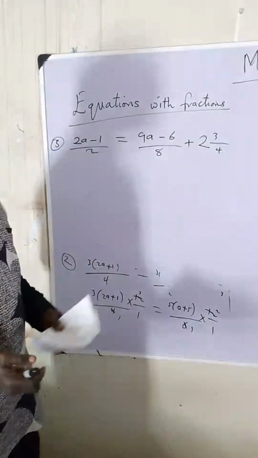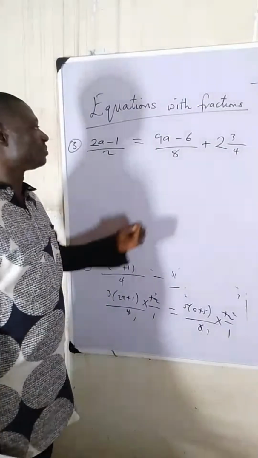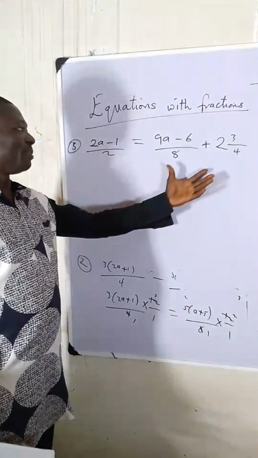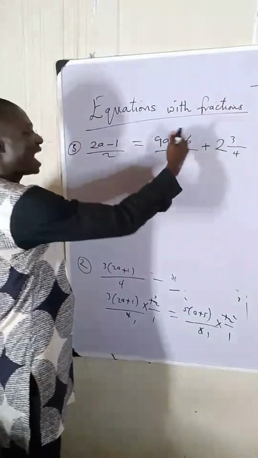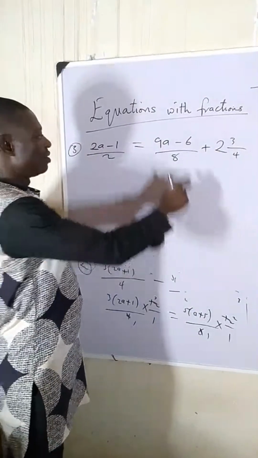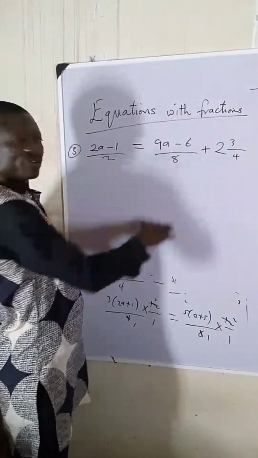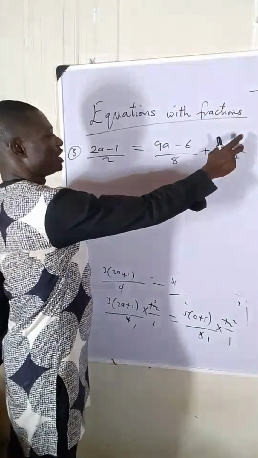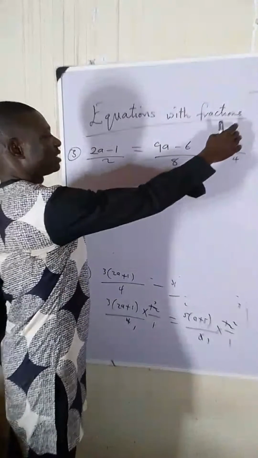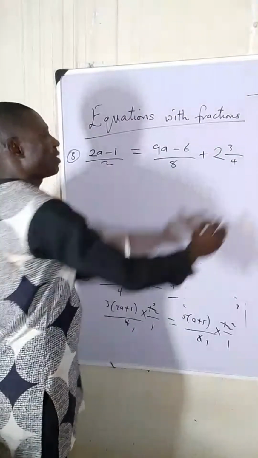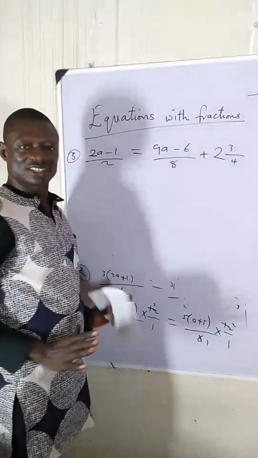If one, however, insists on using the cross multiplication method, the person will come to the right hand side and add this fraction first, as numerator over denominator, 1 fraction. Mixed numbers we can change to numerator and denominator, 1 fraction. We now add them because the addition sign is there first.